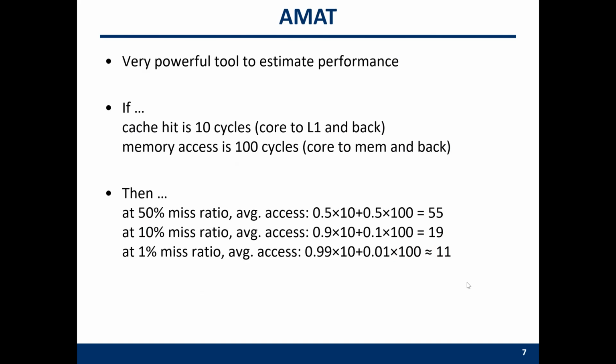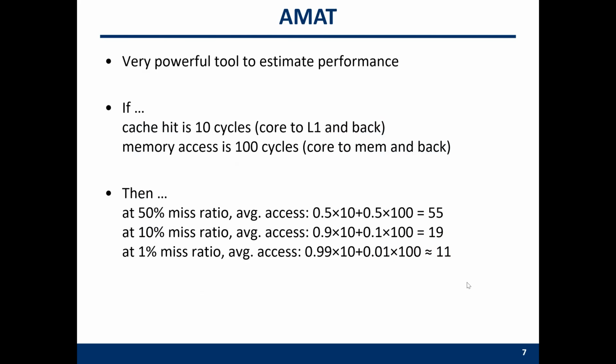So here I will introduce an equation to compute the average access latency. So assume the cache hit will take 10 cycles, and the memory access will take 100 cycles. What's the value of the average latency?